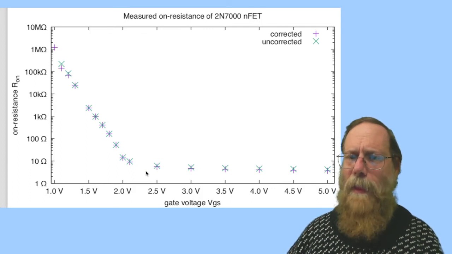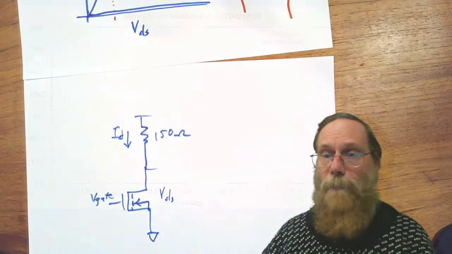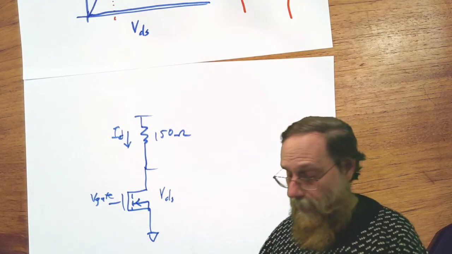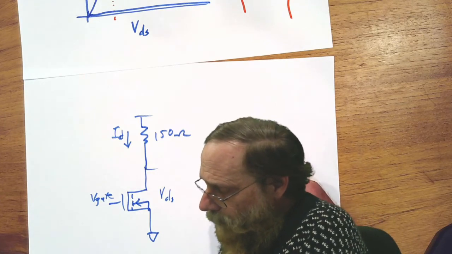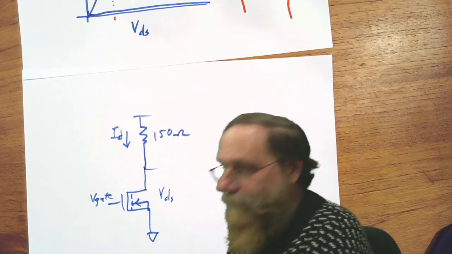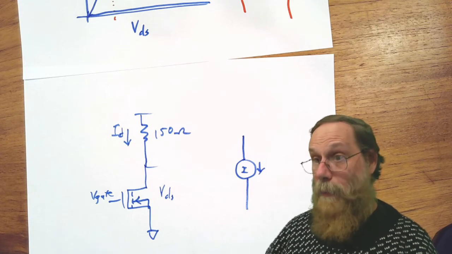There's one other little thing we can look at, something that we don't actually use, and that is when you're in the saturation region, how should you model the transistor? Basically, in the saturation region, if you model it that way, you end up with a current source. And how much current you get, again, depends on the gate voltage.